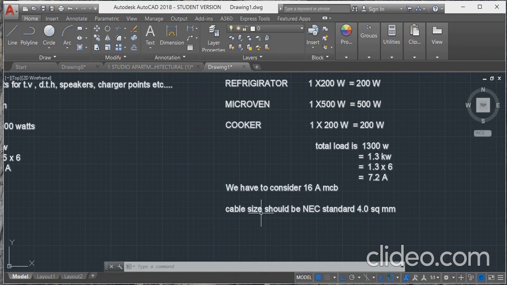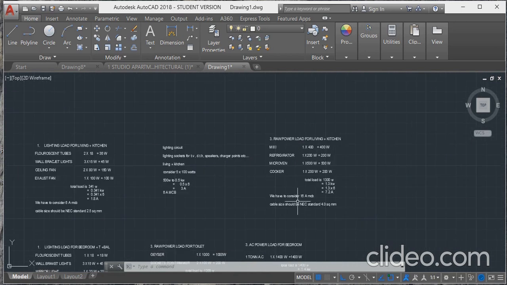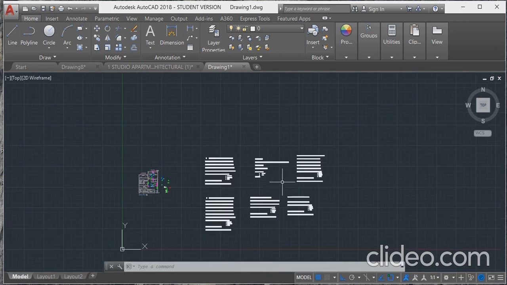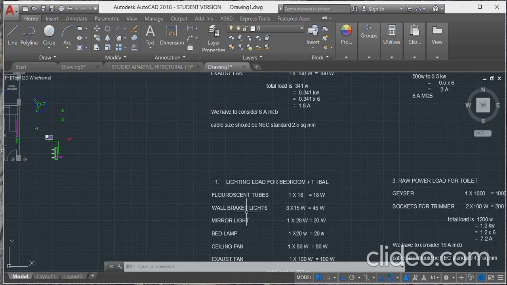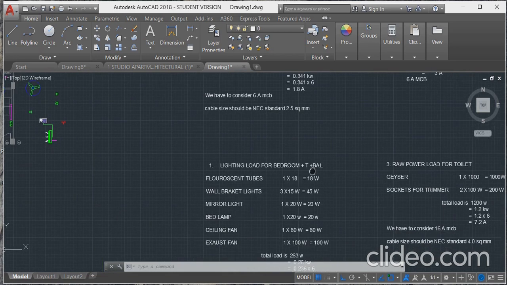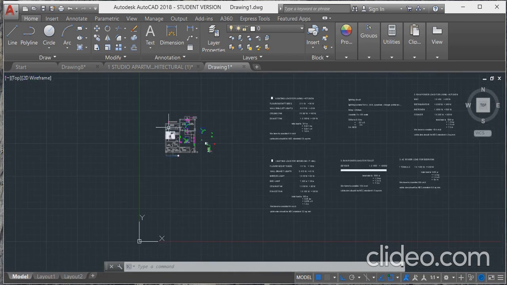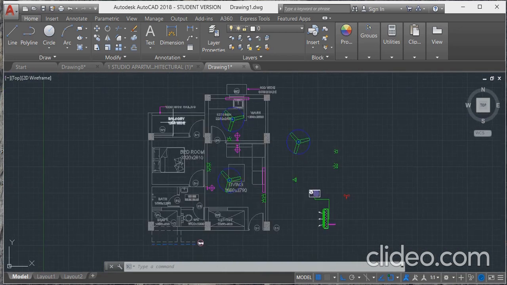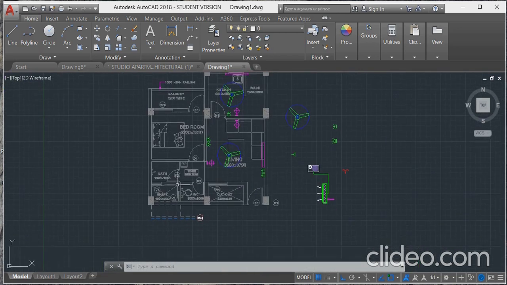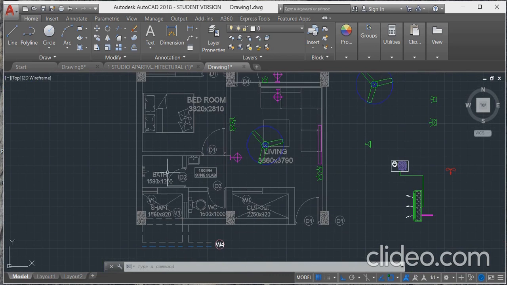We can use the same as before. Lighting load for bedroom plus toilet plus balcony. I am considering the balcony; this is a bedroom; this is a bathroom plus WC.